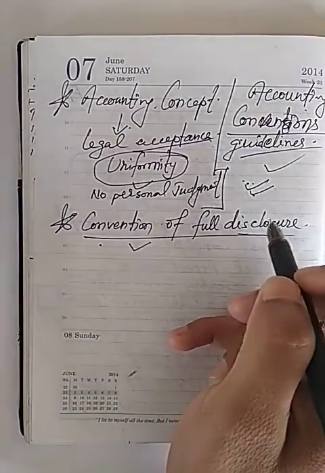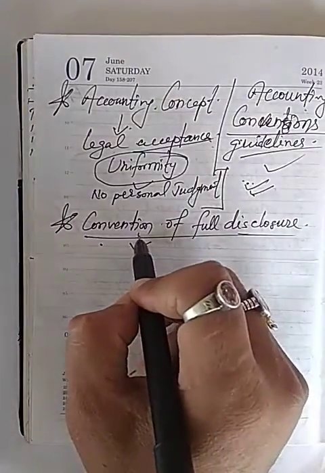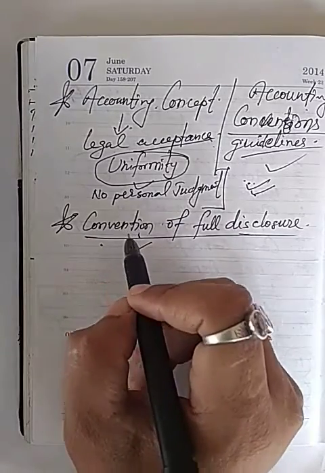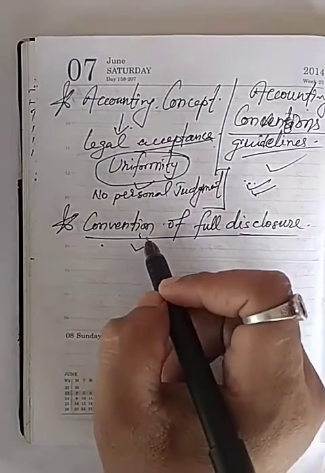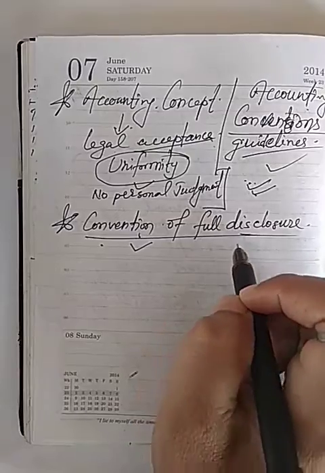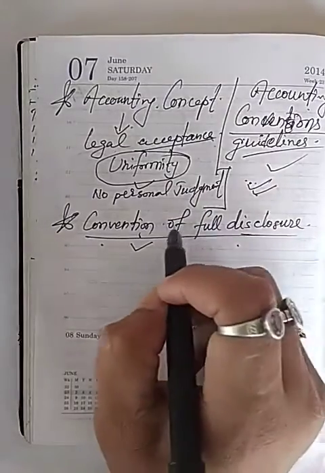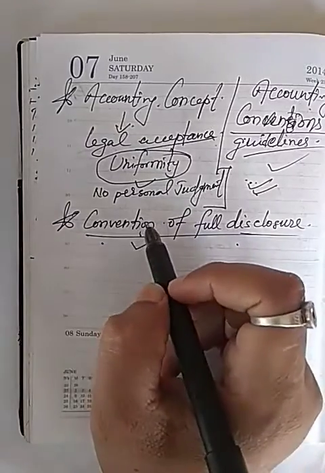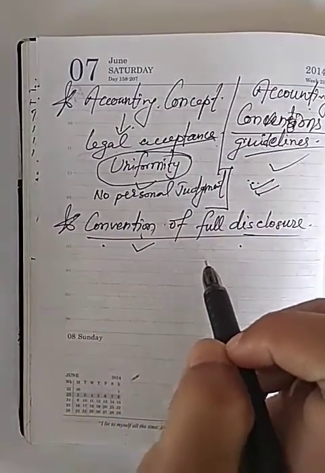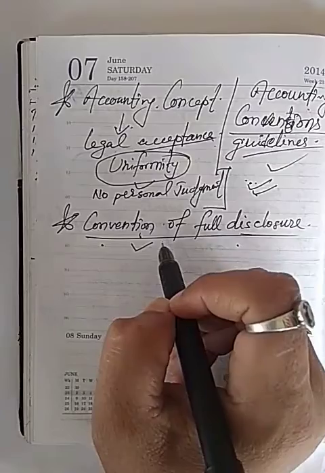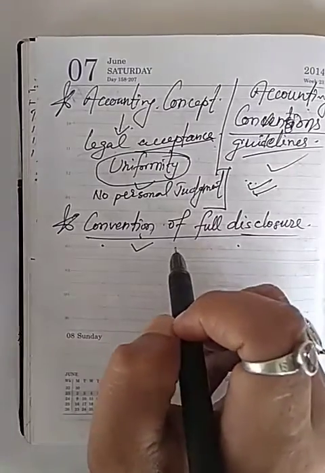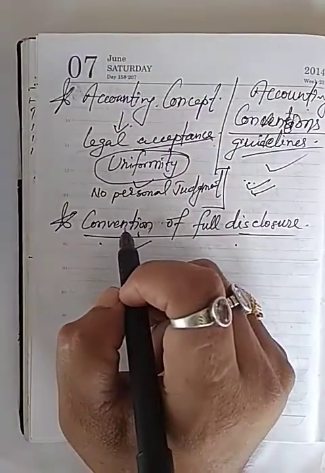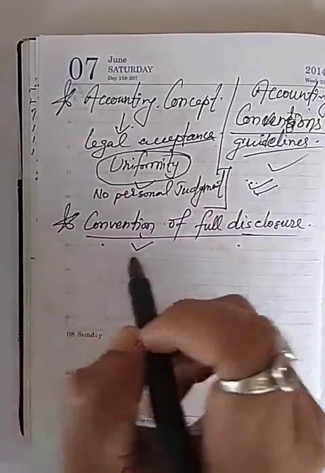The principle is so important that the Companies Act makes ample provisions for the disclosure of essential information in the financial statements of a company. The proforma and content of the balance sheet and profit and loss account of a company are prescribed.